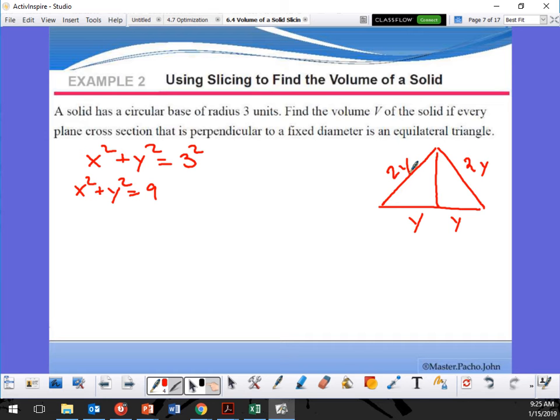If it's equilateral, what is every angle supposed to be? 60. But if I slice it so I know what my h value is here, it's going to be a 30, 60, 90, isn't it? Being a 30, 60, 90, this is 2 times y, this is y. What is my h going to be equal to?